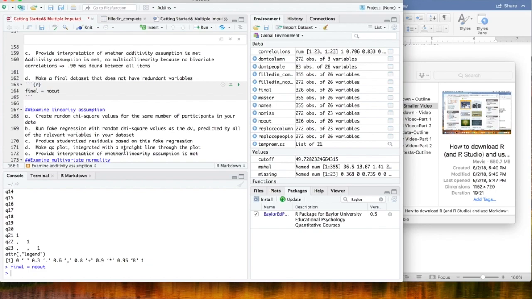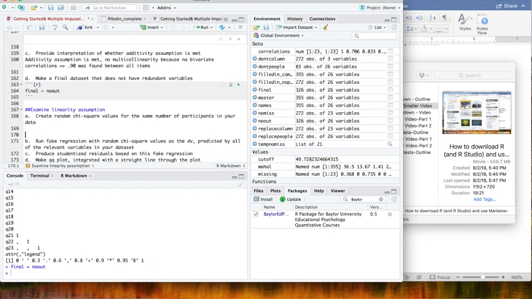Multivariate linearity is the assumption that all combinations of the variables are linear. If this analysis goes really badly, you can go back and check the bivariate scatter plot to see if it's one variable or something. But to do a multivariate check, we first need to make a fake regression.